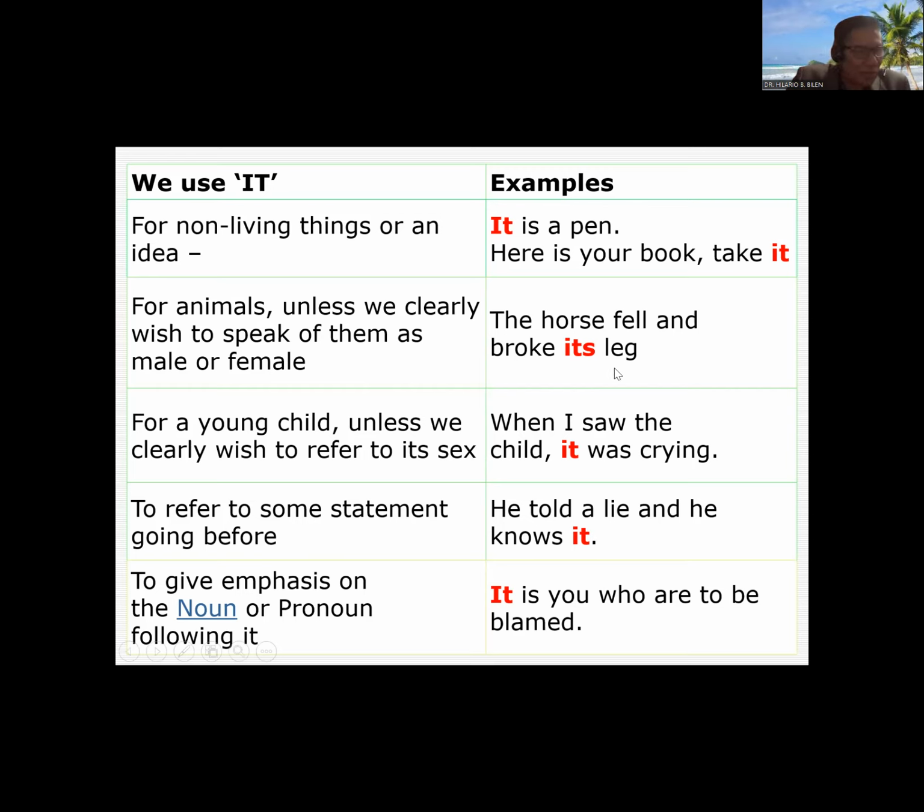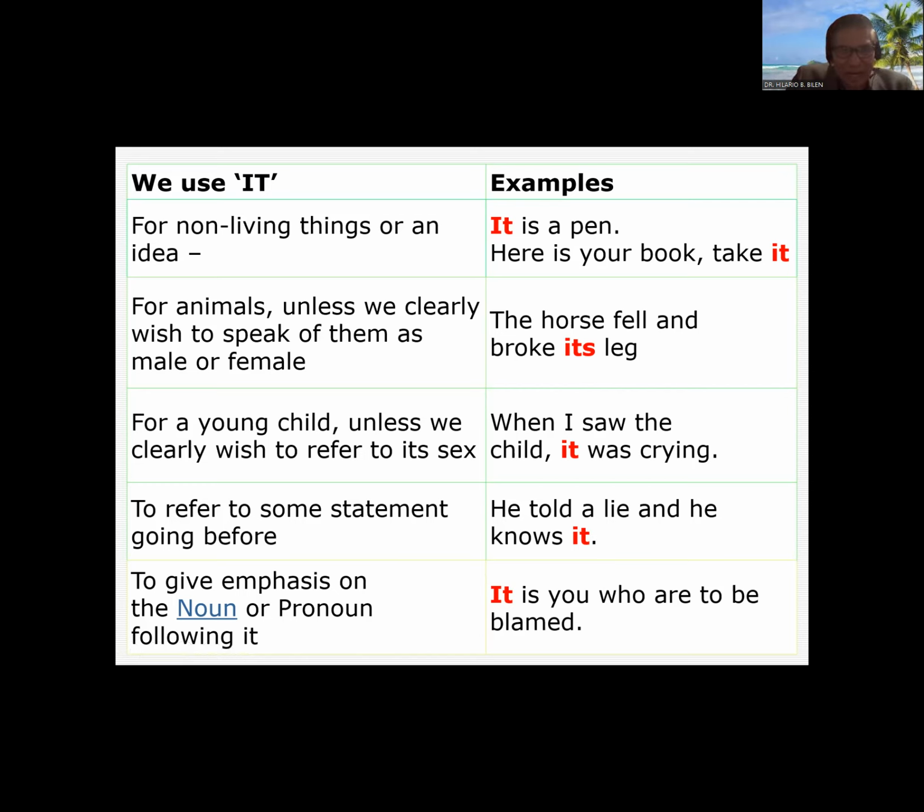For animals, if we are using the personal pronoun it, for animals, unless we clearly wish to speak of them as male or female. The horse fell and broke its leg. So you're using the pronoun it.